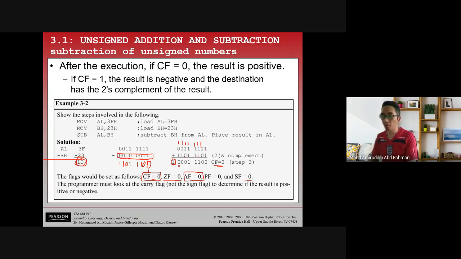As we did here, we take the 2's complement, so we consider CF as 0 and also AF will be 0.